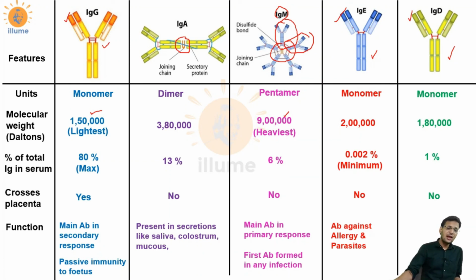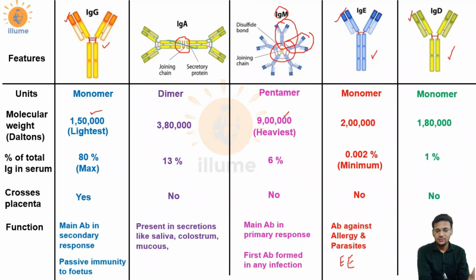Now here I'll give you a very good mnemonic to learn one more concept. See, there are two E's that fight with allergy and parasites. First of all I would make one thing clear. Basically, bacteria, virus, fungi, protozoans, nematodes and even flatworms, all of them are parasites.